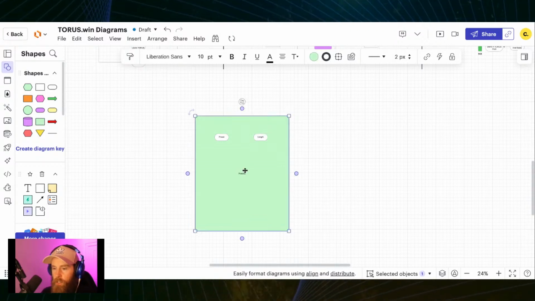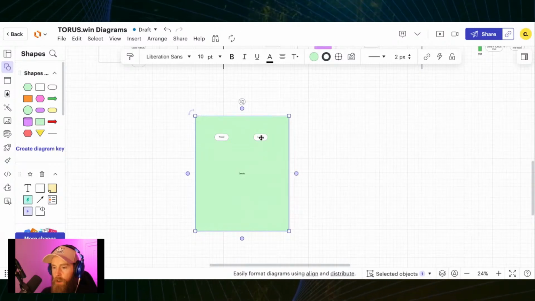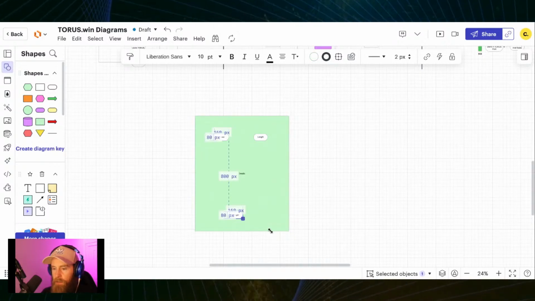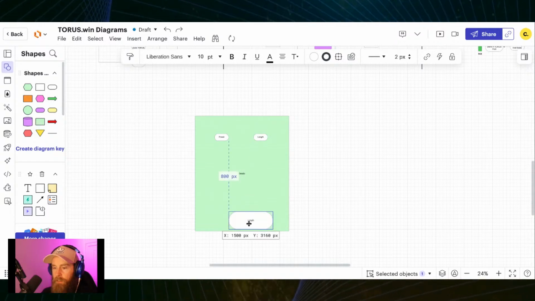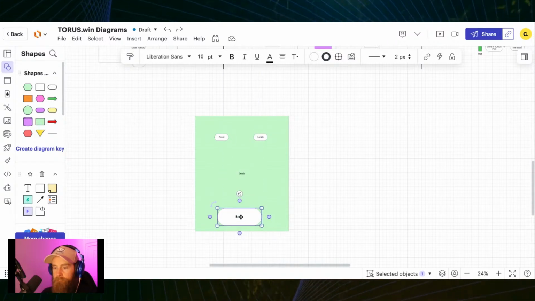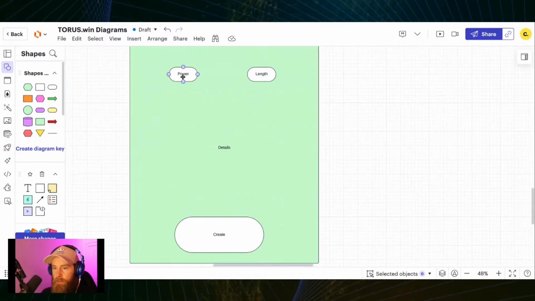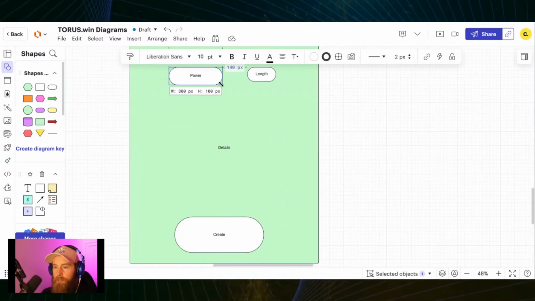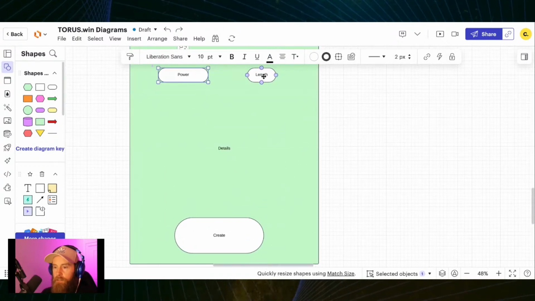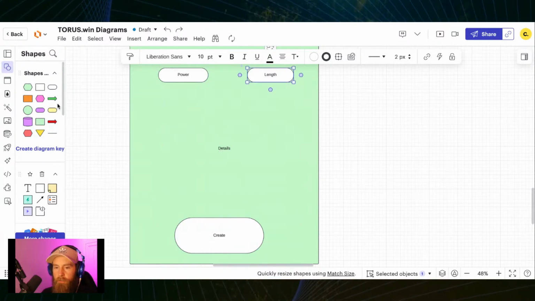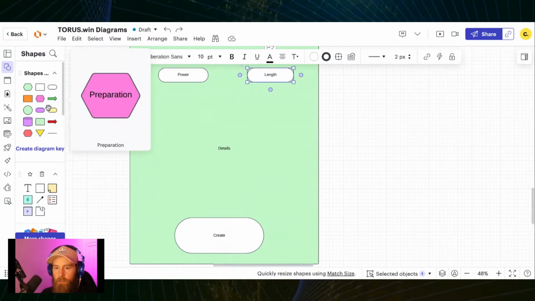It's going to show you all your details, including your ROI. And then it's going to say create here. This is how simple it's going to be. You can have a power, a length, all your details, including your ROI.